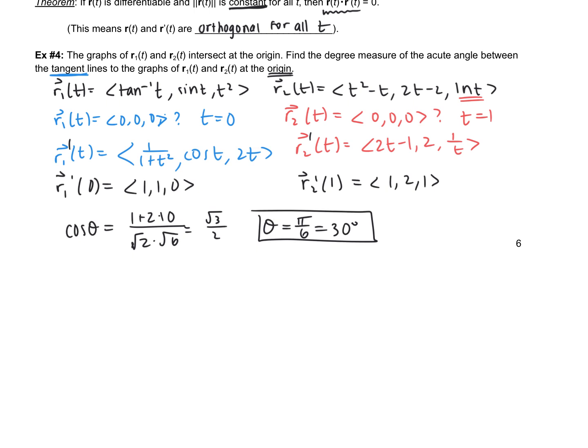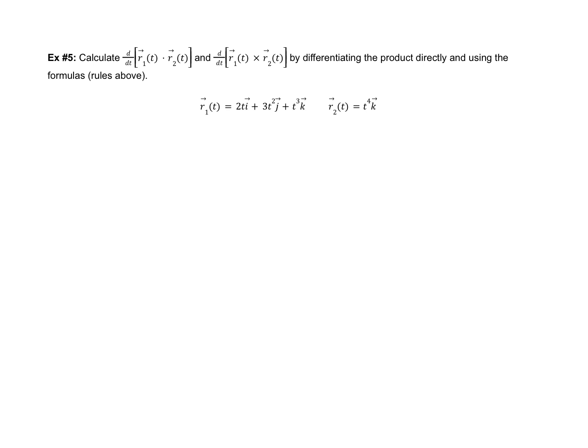Okay, so let's move on. Next one, we are going to be finding the derivative of a dot product and a cross product. So we are going to do this directly and then using the formulas. So when I say directly, I mean find the dot product, then do the derivative. So let's start with our dot product. I'm going to start by finding the dot product of R1 and R2.